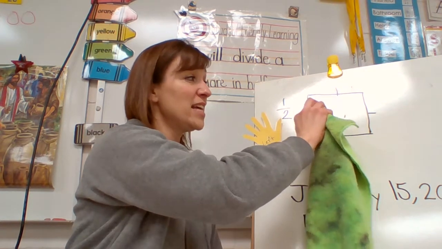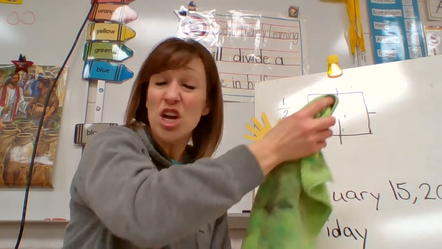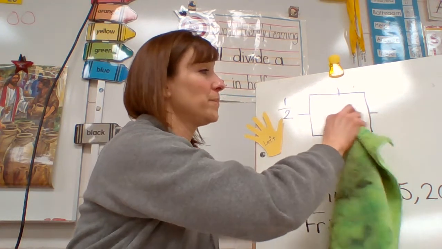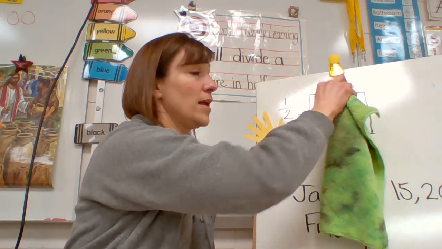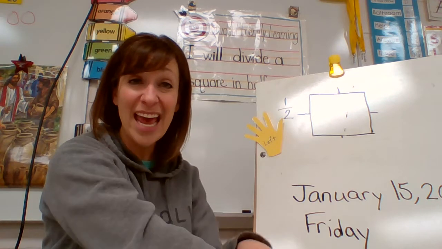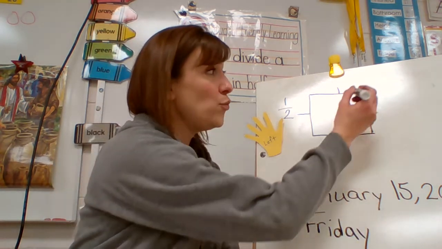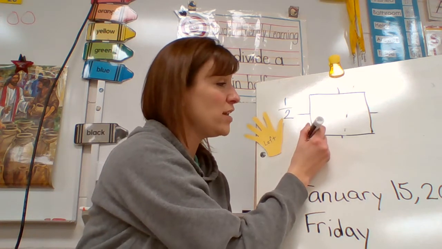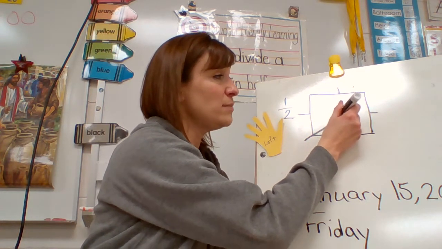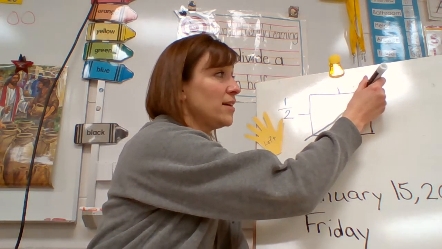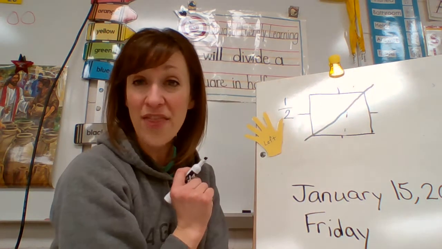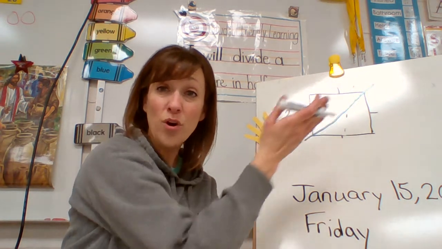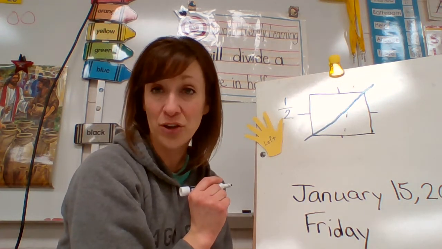You can erase this, or if you have a piece of paper, just draw a new square for me. What we can do is we can take our marker and we can go from corner to corner. This one is a little trickier because sometimes I draw wobbly lines, but we could draw it that way too. We could do it from corner to corner on a diagonal line.